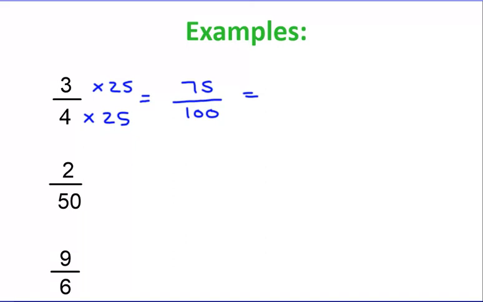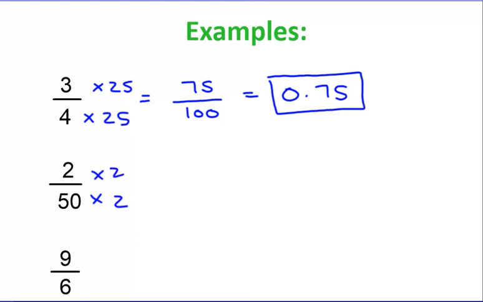So that says 75 hundredths, and that's all that is. So then 50 can also go into 100 if we multiply times 2, but we also have to multiply the top times 2. So 50 times 2 is 100. 2 times 2 is 4, so that's 4 hundredths, and that's how we write that.